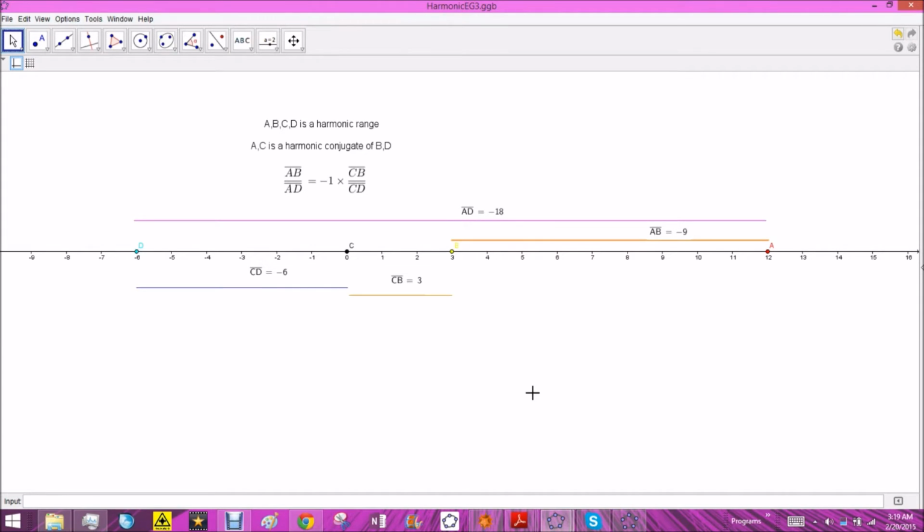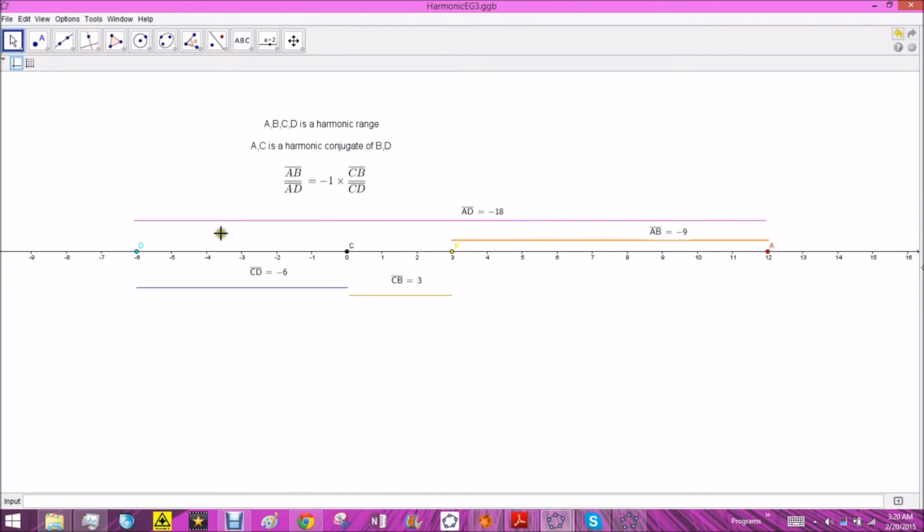What this essentially means is that if you look at point A and you look at how much displacement you have to do to get to B and divide that by the amount of displacement you have to do to get to D, well, that gives you that proportion. In this case here, that's going to be equal to minus 9 over minus 18, that's a half, isn't it?